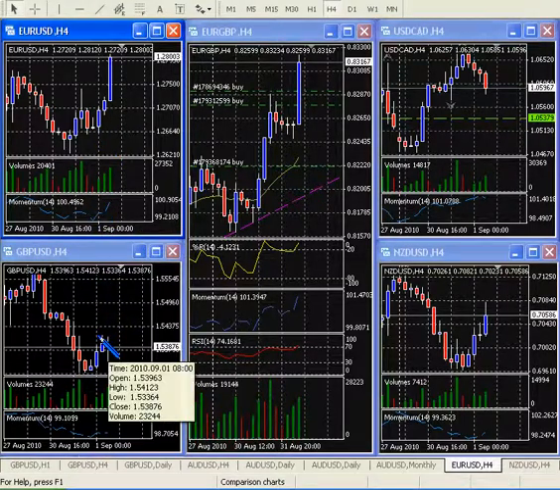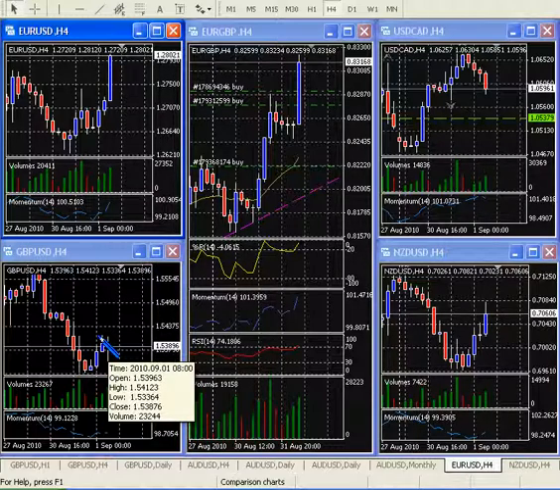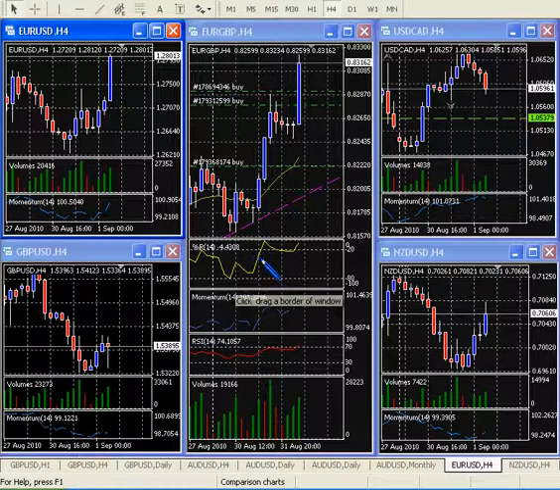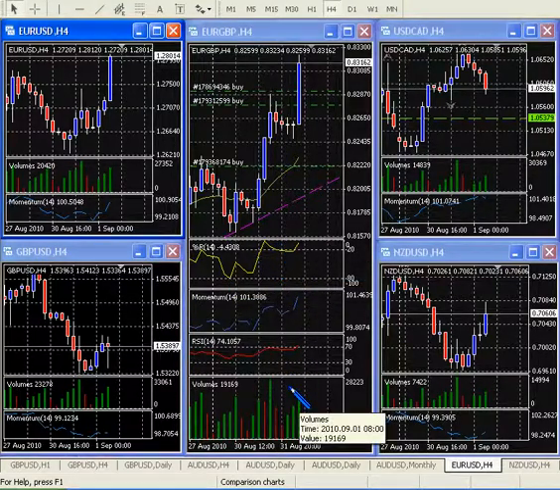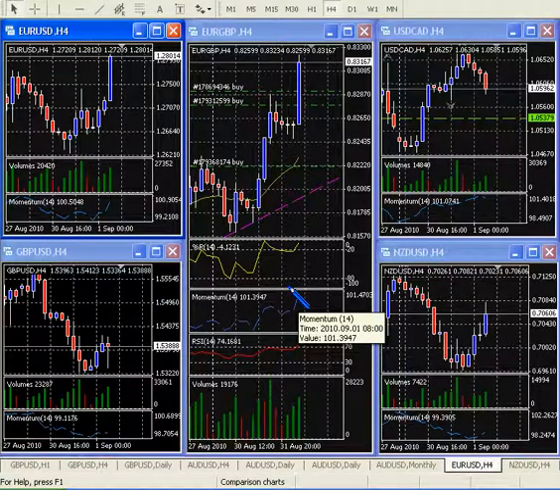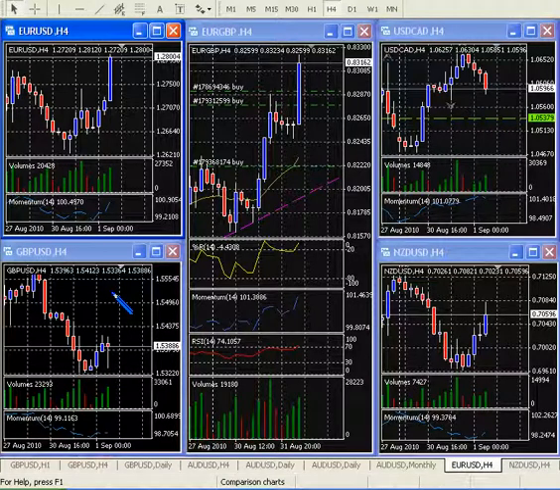However, the cable, when you look at it here, barely moved, whereas the bullishness on the euro pound has improved with enough volumes and momentum higher, comparatively speaking, between the euro and the pound's movement on a 4-hourly basis.